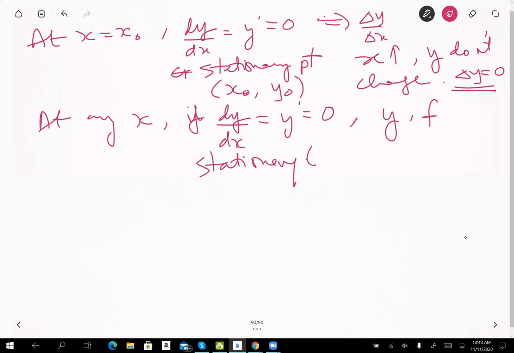And we call that point a stationary point. Sometimes you call it a critical point. Anybody, any question? So these characteristics and behavior are important. If the derivative is positive, that means y is increasing, and the other way around.